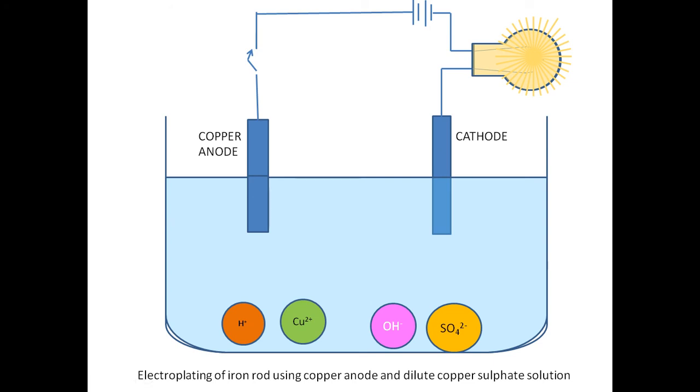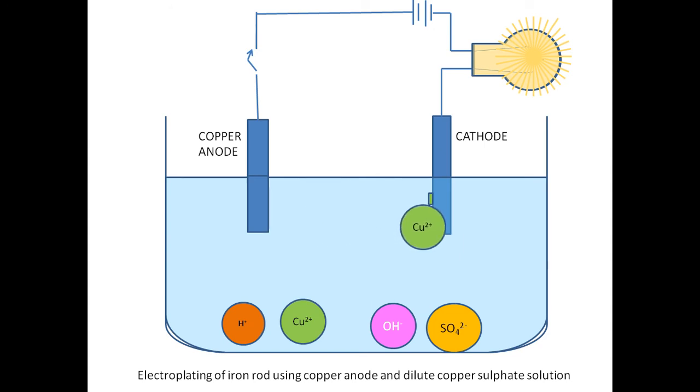But something else will happen, and that is the copper anode forms the ions Cu 2 positive, and those copper 2 positive ions migrate towards cathode, and at cathode they gain the electrons from the cathode and change into neutral atoms. This process continues. Anode gives up copper 2 positive as cations.